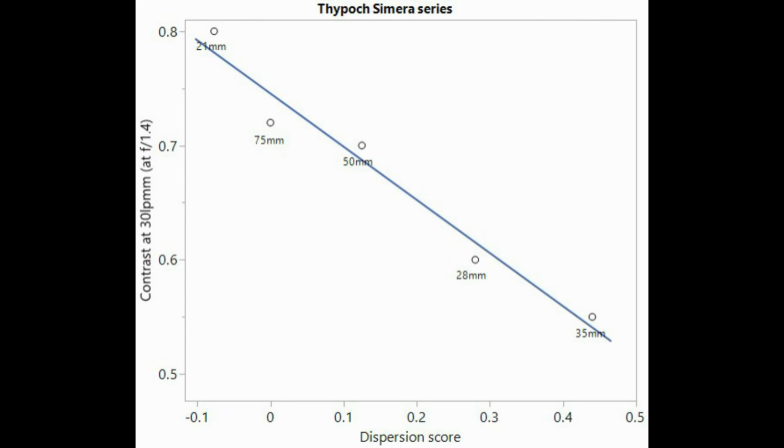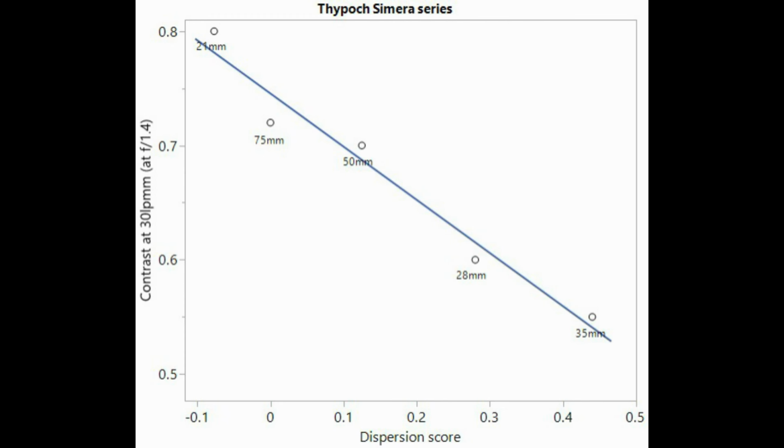Those two variables were very well correlated, with an R-square value of around 0.99. It means that lens construction explains almost the entire variability in the preservation of contrast hierarchy.